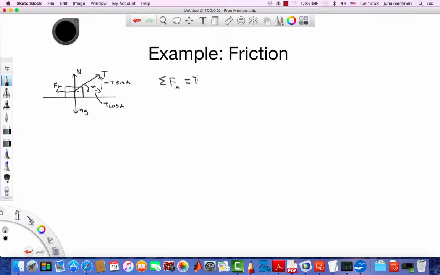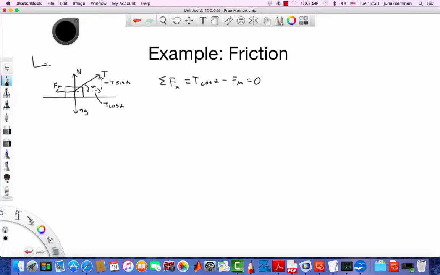The horizontal tension, T times cosine alpha, minus F mu, the friction force. And because this is moving at constant velocity, the net force is 0. Let's leave that for now, and then we'll look at the vertical direction.